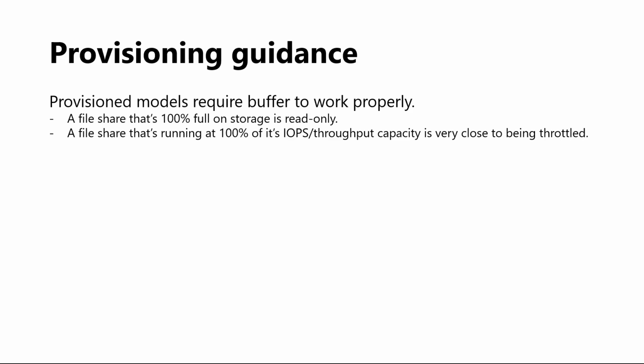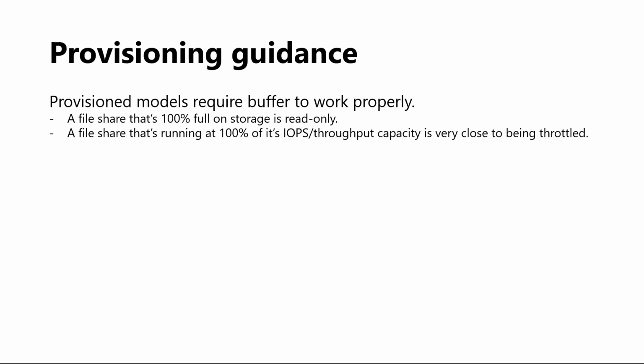There's a caveat there because we do support some bursting to make sure that the throttling experience doesn't happen and that customers have time to adjust. But in the event that they run over and they've exhausted their burst ability, then they'll get throttled, which most customers will realize as increased latency on the share.